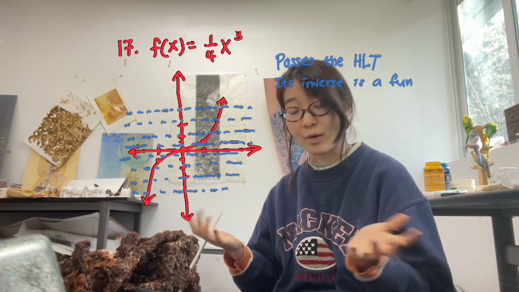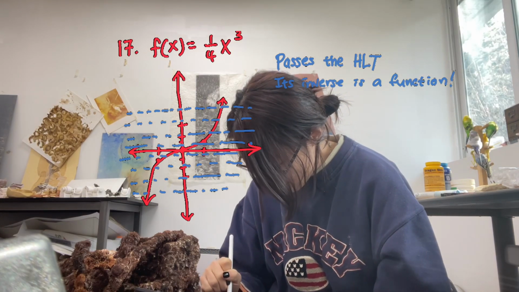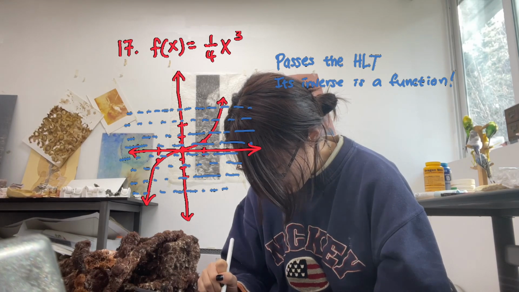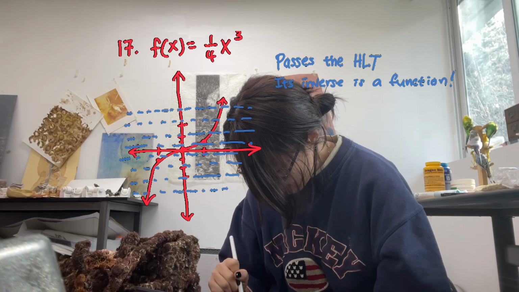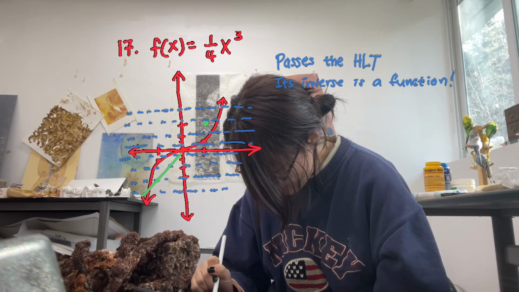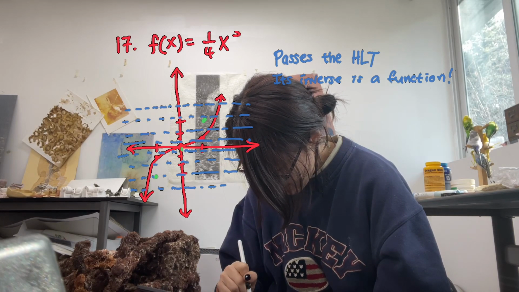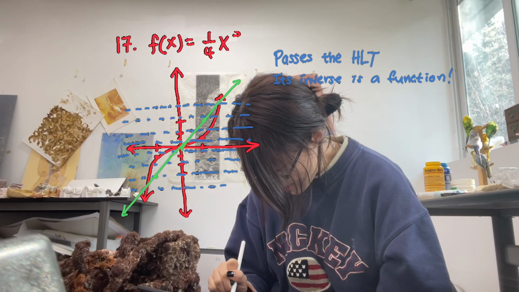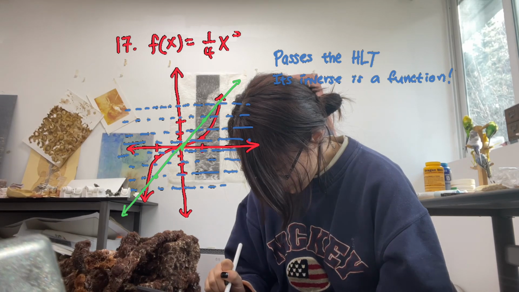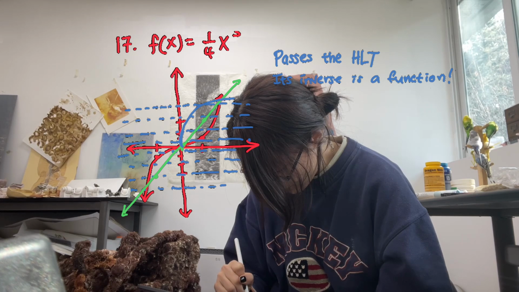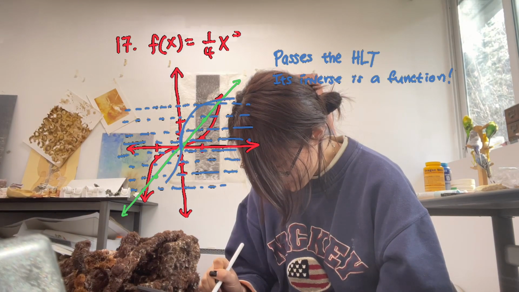Go ahead, graph it. So y equals x. So that would be right here, and then right there. This would be my y equals x. So my inverse would look like this, and then this.